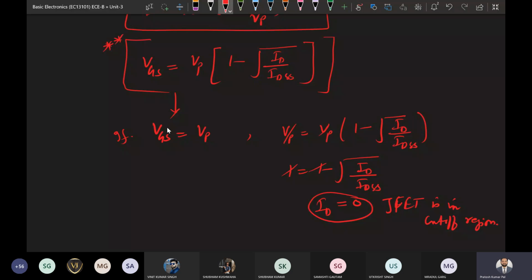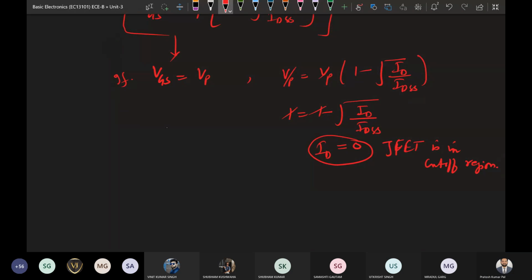This is VGS equals VP, but this is the case when VGS should be equal to VGS off. If we put this value, we get ID equals 0, but ID equals 0 is the condition when VGS equals VGS off.